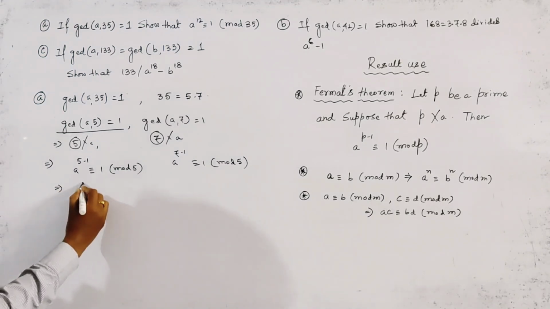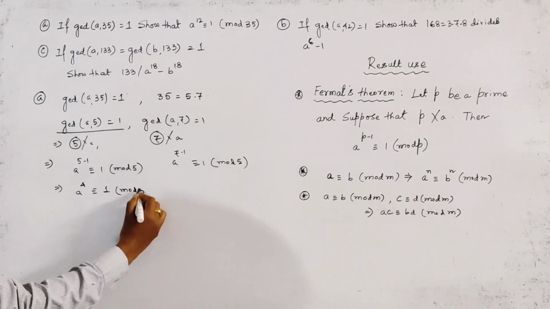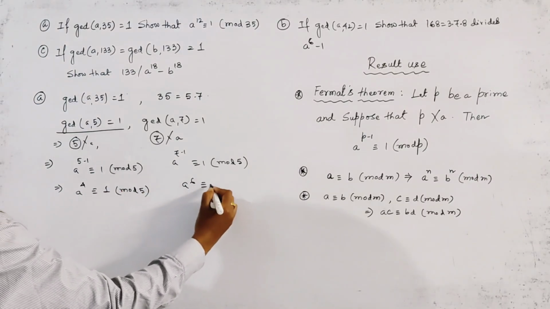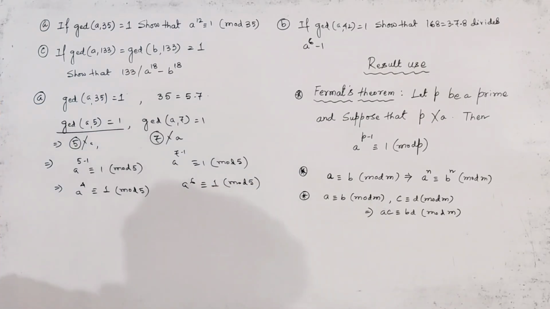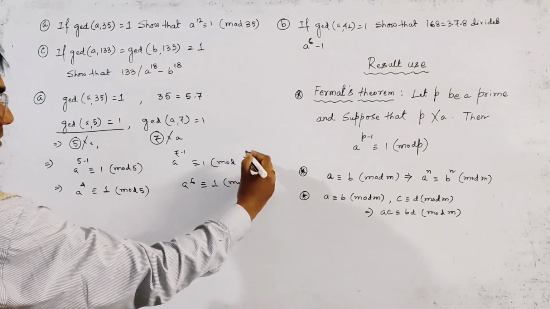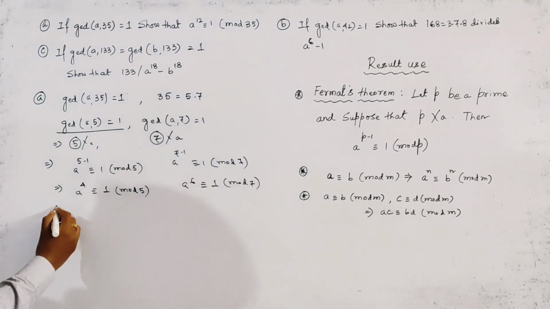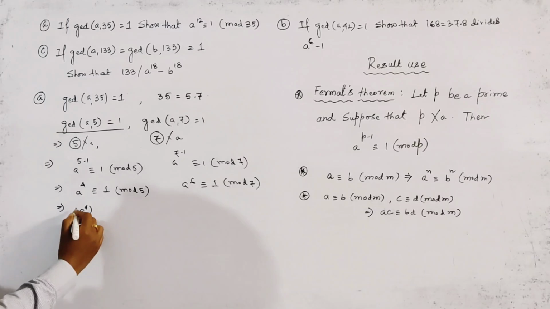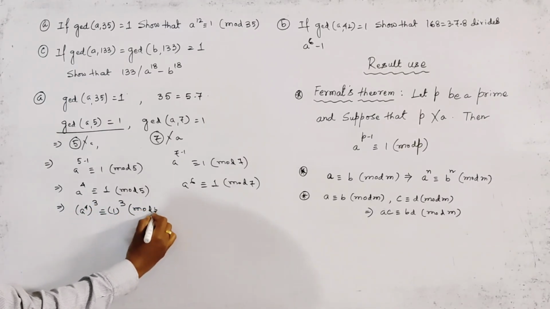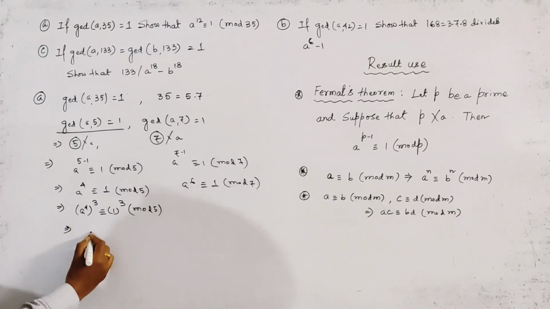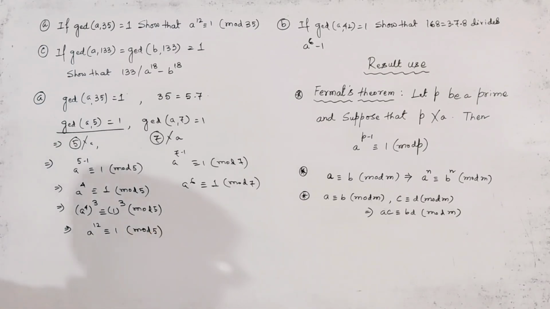That is, A to the power 4 is congruent to 1 mod 5, and A to the power 6 is congruent to 1 mod 7. Sorry, I said mod 5 by mistake for the second one; it is mod 7. Now if we take A to the power 4 to the power 3, congruent to 1 to the power 3 mod 5, we get A to the power 12 congruent to 1 mod 5.